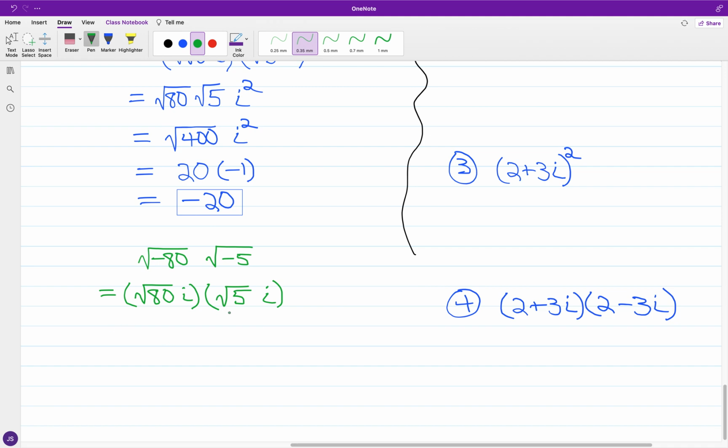And now, the square root of 5 as a standalone radical term, that is the simplest form. Now for the square root of 80, 80 is not a perfect square, but it can be lowered. So if you looked at a radical reduction pathway, with 80, the highest perfect square that will go into this is going to be 16. So if I split up, the square root of 80 is the square root of 16 times the square root of 5. And again we have times i.